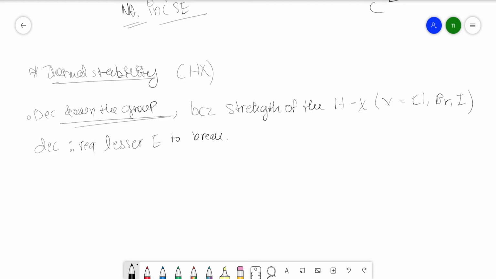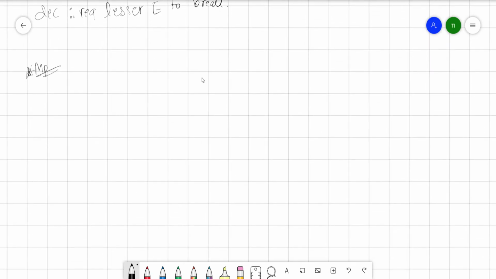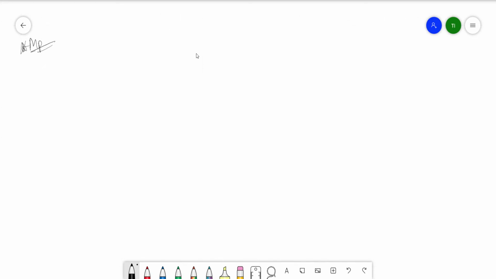But when we talk about the melting point of hydrogen halides down the group, you should know that melting point increases down the group, and for the reason you should not refer to the HX bond here, or it'll be mistaken.